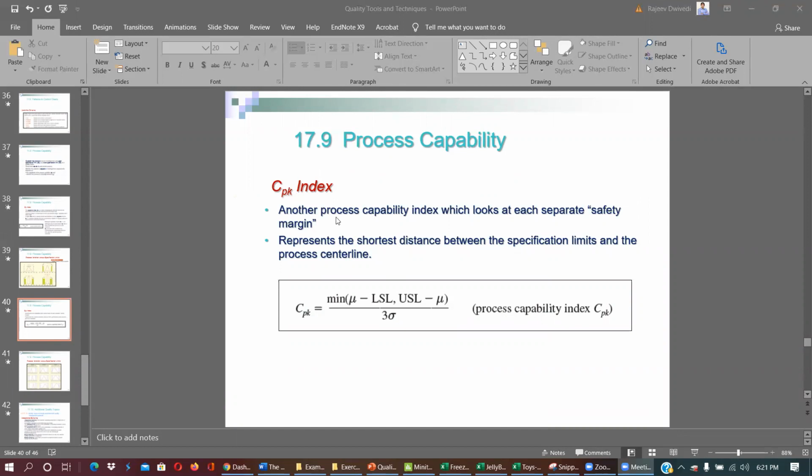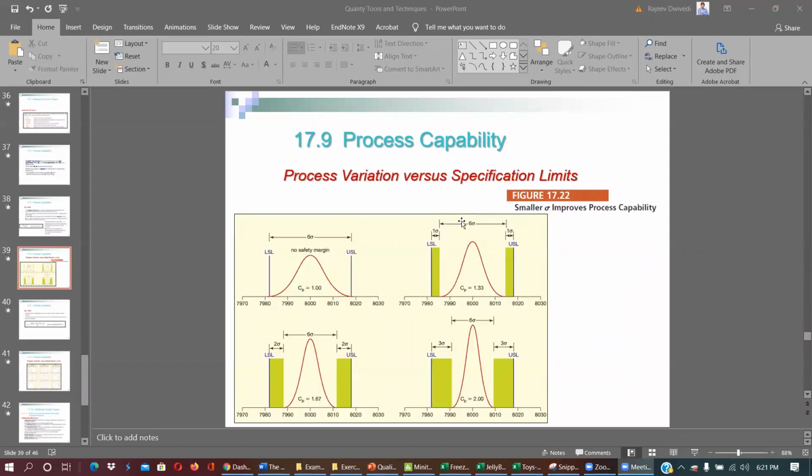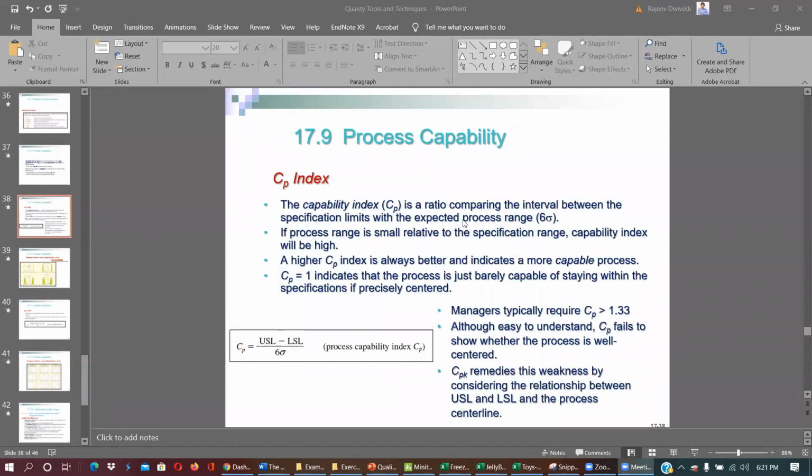We don't have an assignment on this, but I would like to let you know the importance of this. The CP index is a ratio: upper SL minus lower SL, divided by 6 sigma. SL means specification limit, and sigma is the standard deviation.